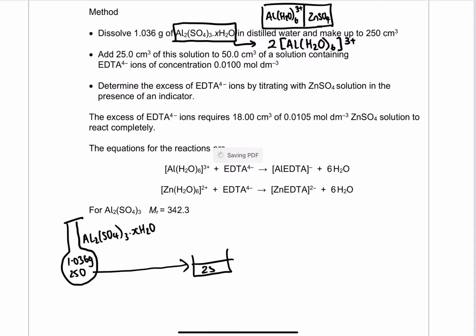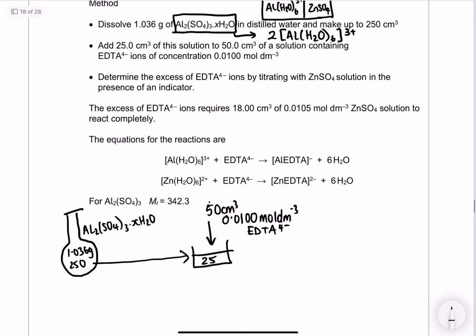Then we took 25 of that and put it in here, and we added 50 centimeters cubed of 0.0100 moles per decimeter cubed EDTA 4-, but that was too much, remember, it told us that it was an excess.